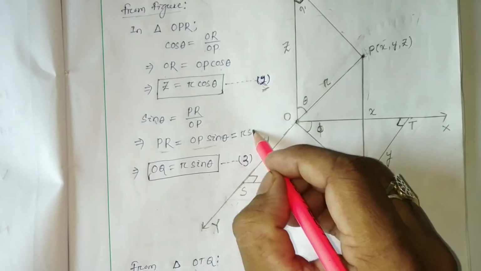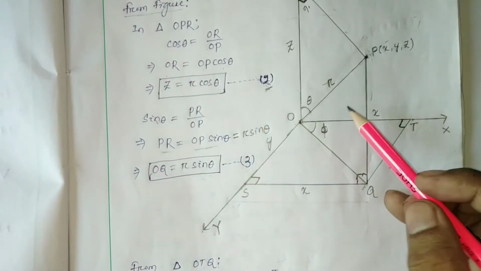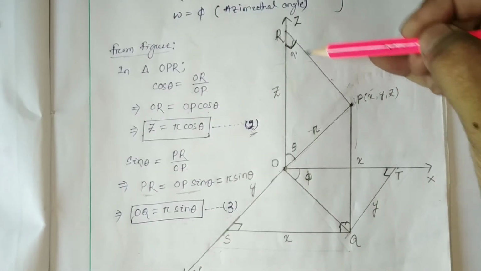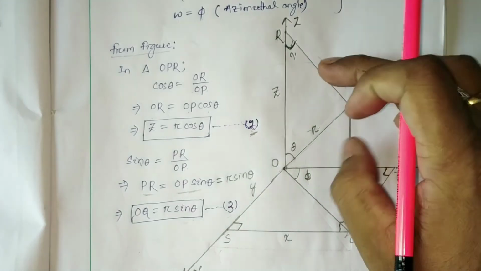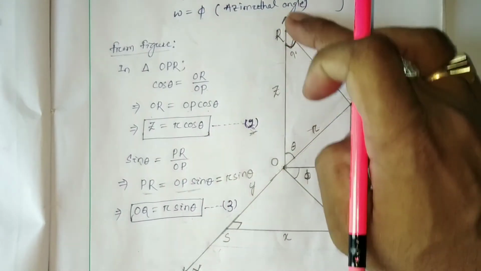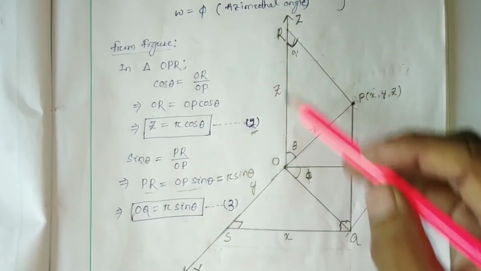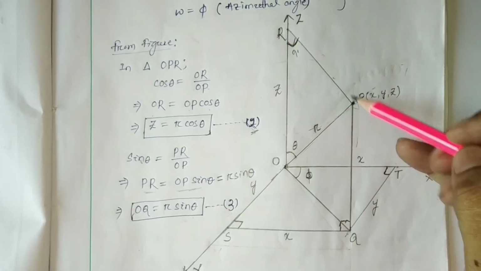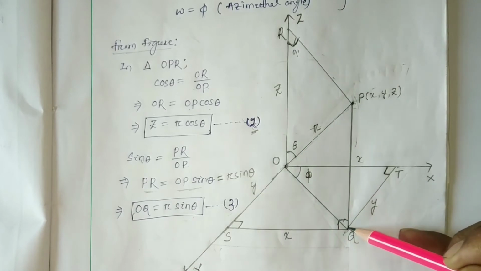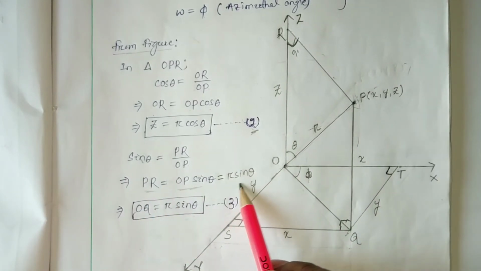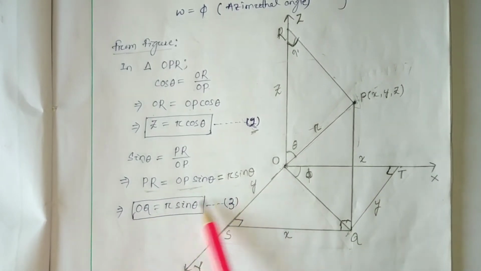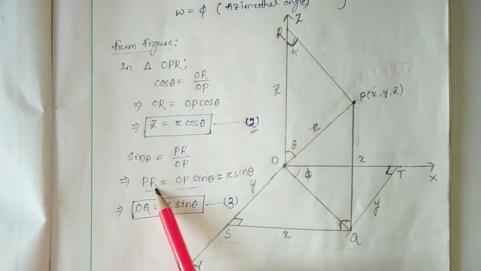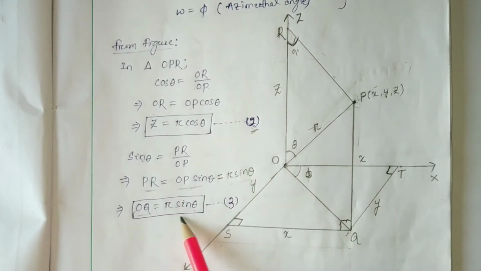R sin theta. But see, this has the same length in this rectangle. In this rectangle PROQ, PR equal to OQ. So obviously if PR is R sin theta, OQ will be R sin theta. If PR is R sin theta, OQ is also R sin theta.